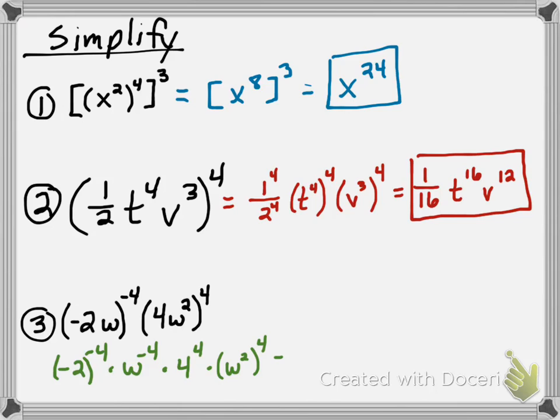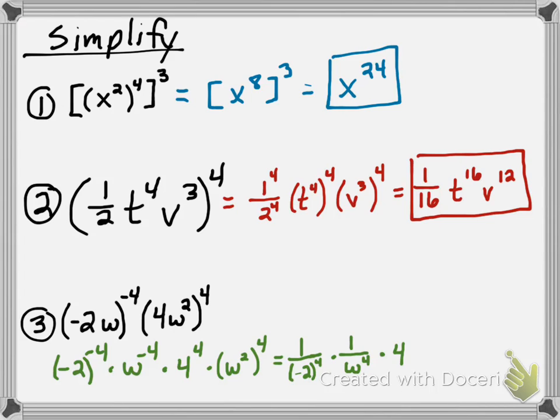Okay, so I have negative 2 to the negative 4th power means 1 over negative 2 to the 4th power. And w to the negative 4th means 1 over w to the 4th.